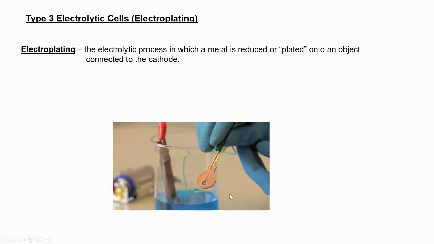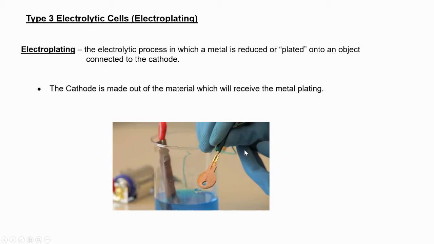So lots and lots of things are electroplated, especially jewelry or things that get a lot of daily use. So basically, a metal is reduced or plated on top of an object connected to the cathode, right? So we just connect it to the negative terminal, make it the surface for the reaction, and then we can plate it with whatever we want.